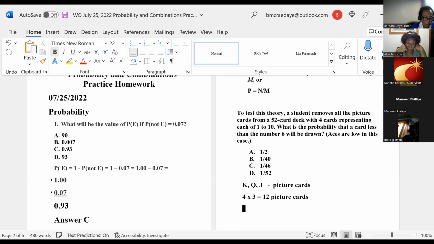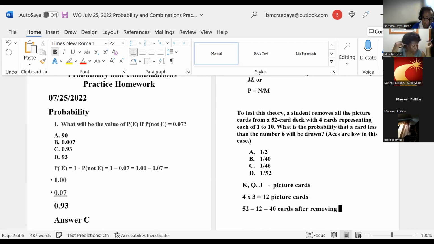That's right, 52 minus 12 equals 40. So you have 40 cards after removing the picture cards.